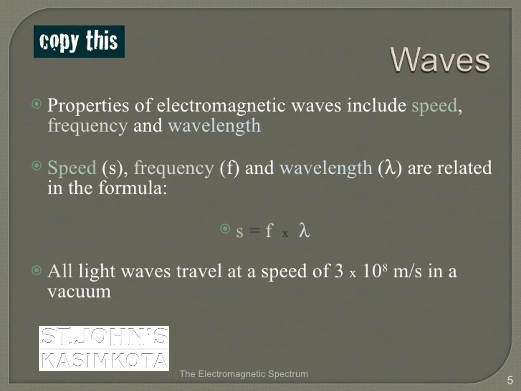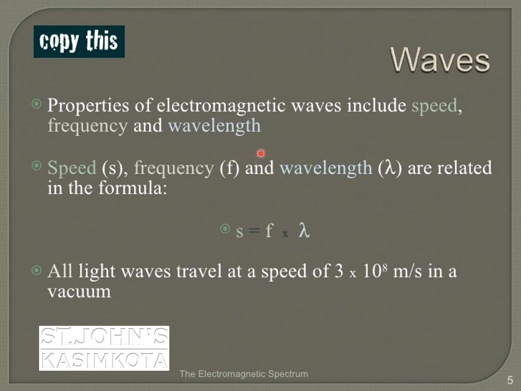Since the spectrum is a continuous form of light waves, the properties of electromagnetic waves include speed, frequency, and wavelength of the light waves. The spectrum is a combination of different types of light waves, and each light wave has a different frequency and wavelength.